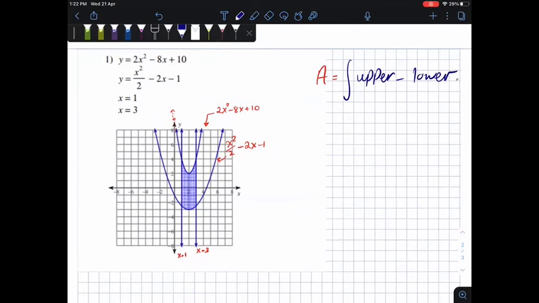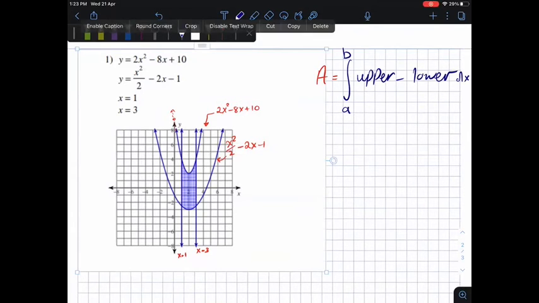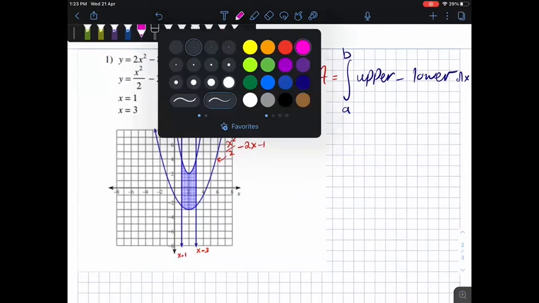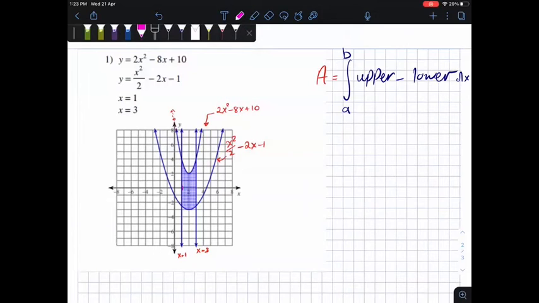So the limits of integration here are 1 to 3. It's given here, it's bounded between 1 and 3 horizontally, and all your variables will be with respect to what? x. Let's write it, the integral from 1 to 3.